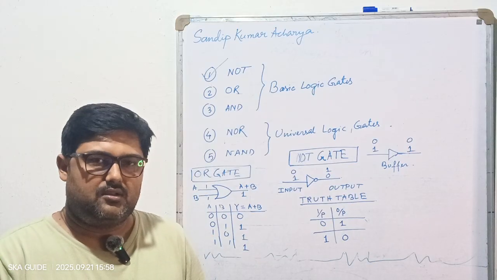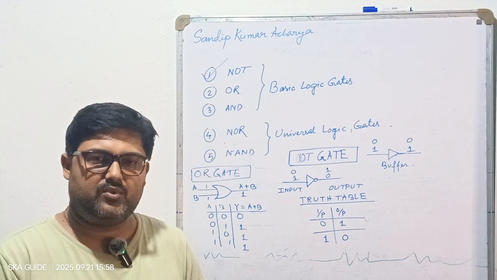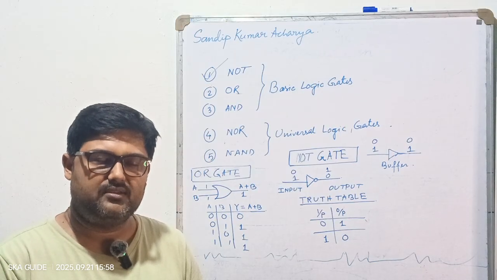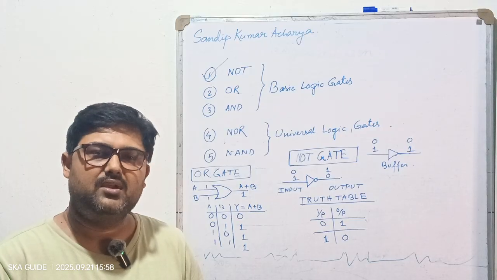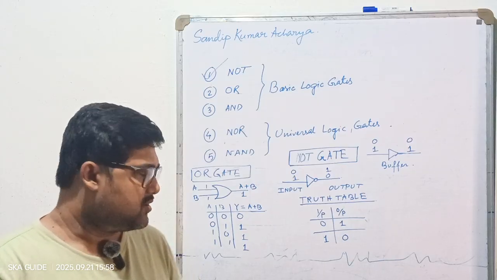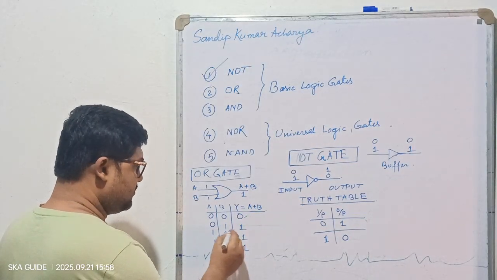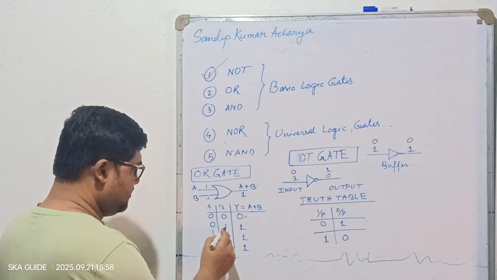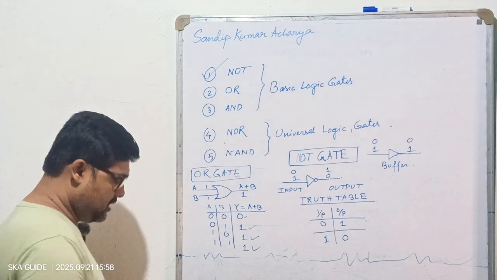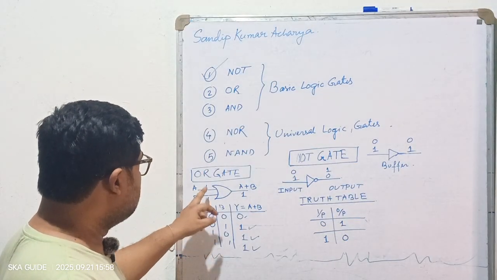If we have 0 0 in the input section, that means A and B both are 0, then only we will get 0 at the output, which is Y equals A plus B equals 0 plus 0 equals 0. Otherwise 0 1, 1 0 and 1 1 all have 1 as the output. So this is OR gate.